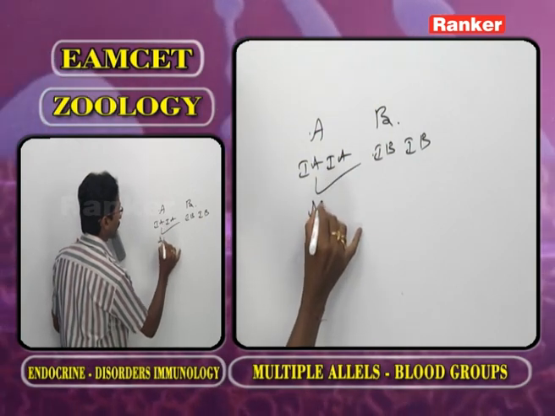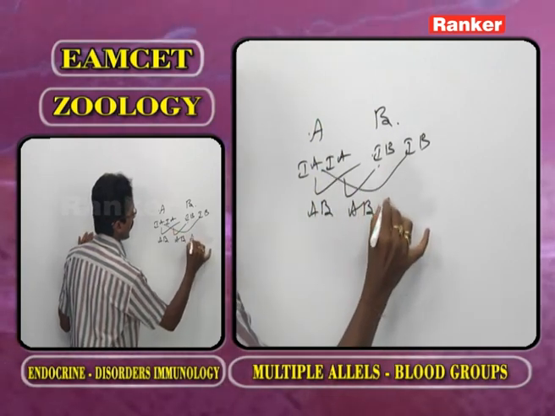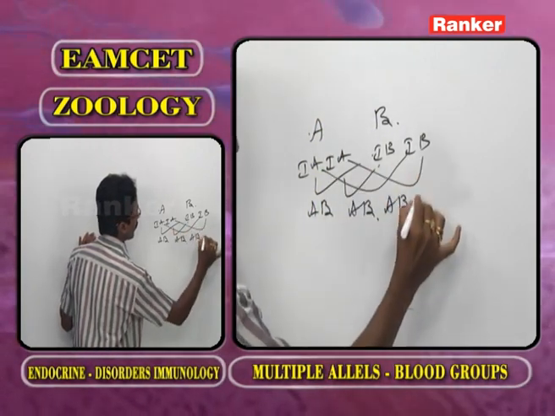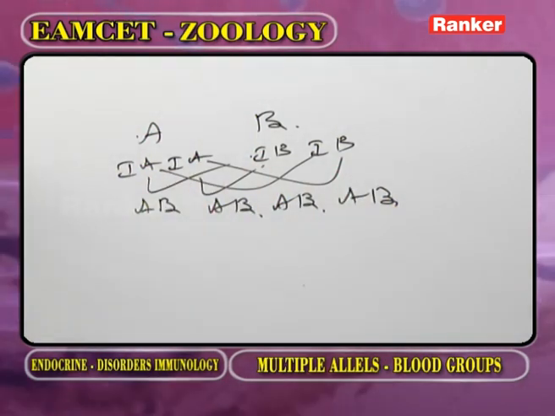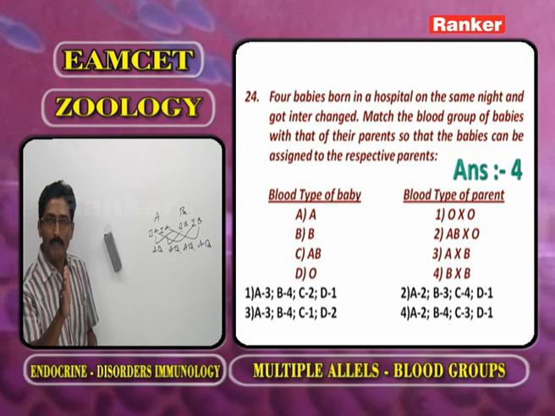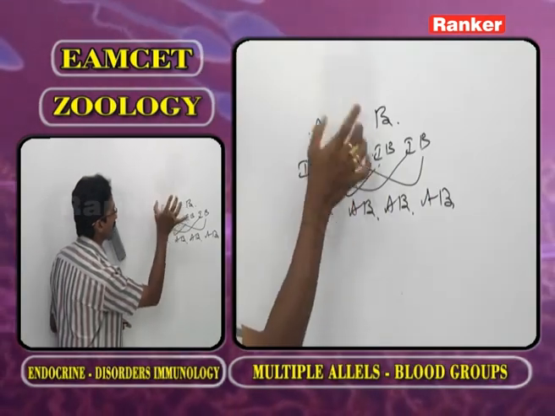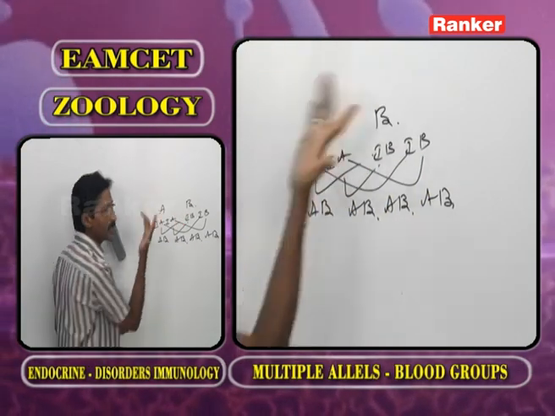We are getting AB, AB, AB, AB. So the third baby's blood group is AB. Such a third baby is handed over to what type of parents? Those parents having the homozygous A and homozygous B.